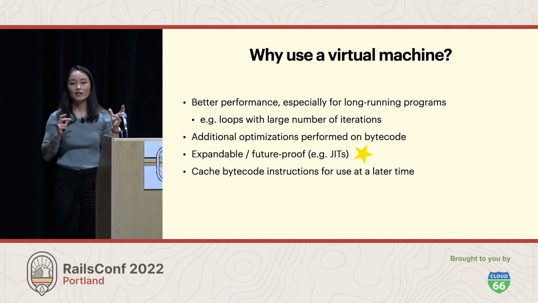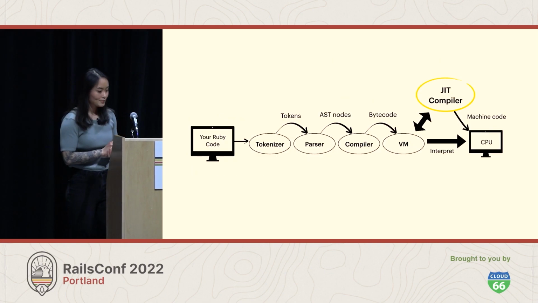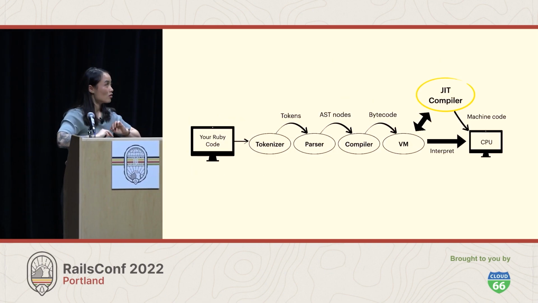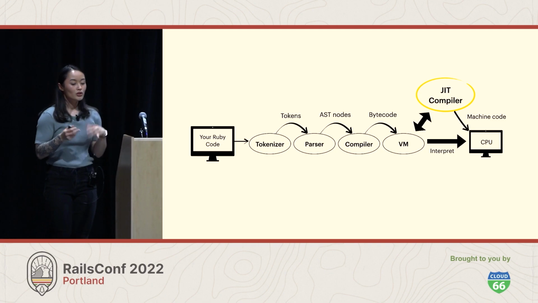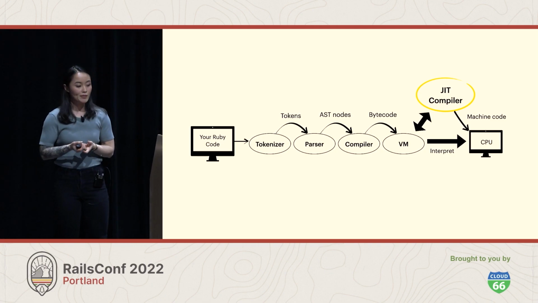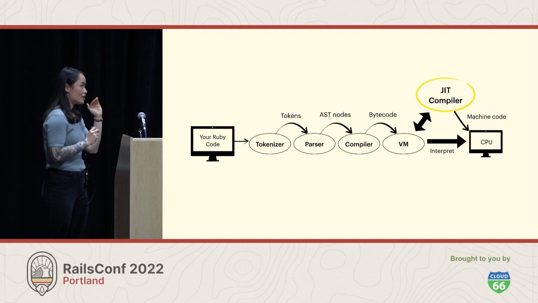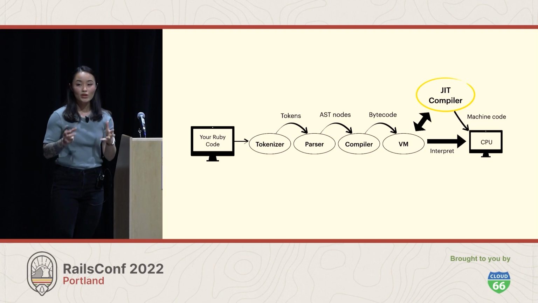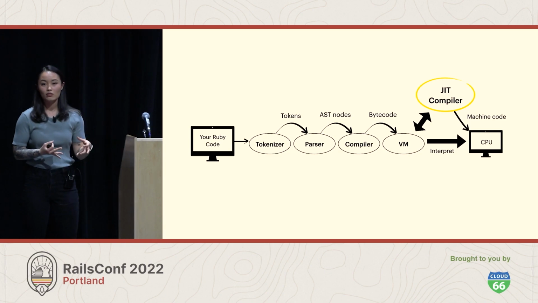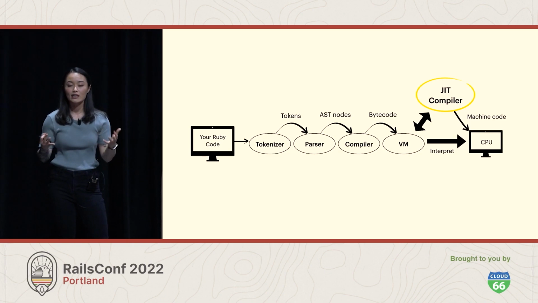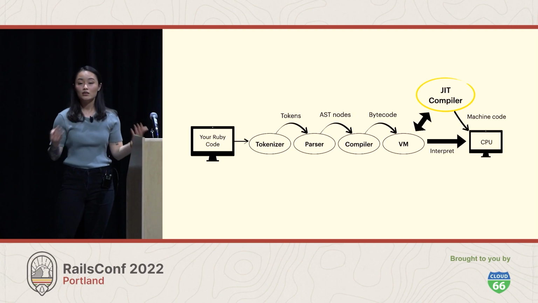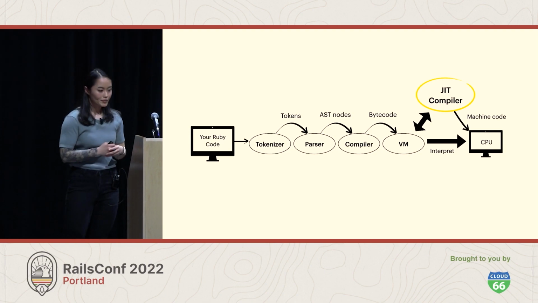How do JITs fit into the Ruby execution process? So JITs, or just-in-time compilers, use the bytecode generated by the compiler, and work with the VM to translate that bytecode directly into specialized native machine code to be executed directly by the computer.